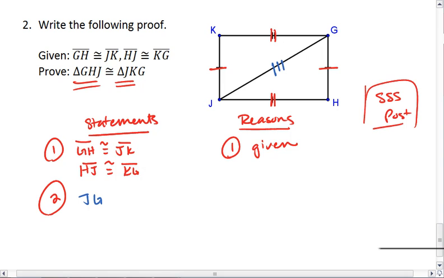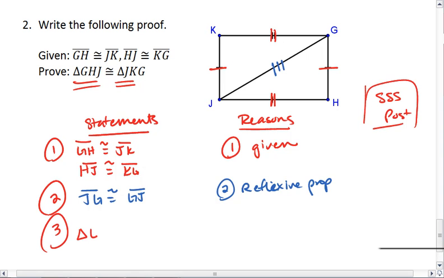We see that JG is congruent to GJ, and this is the reflexive property, saying that a side is congruent to itself, which means we have shown 3 sides congruent, and we can now say that triangle GHJ is congruent to triangle JKG, and that's by the side, side, side postulate.